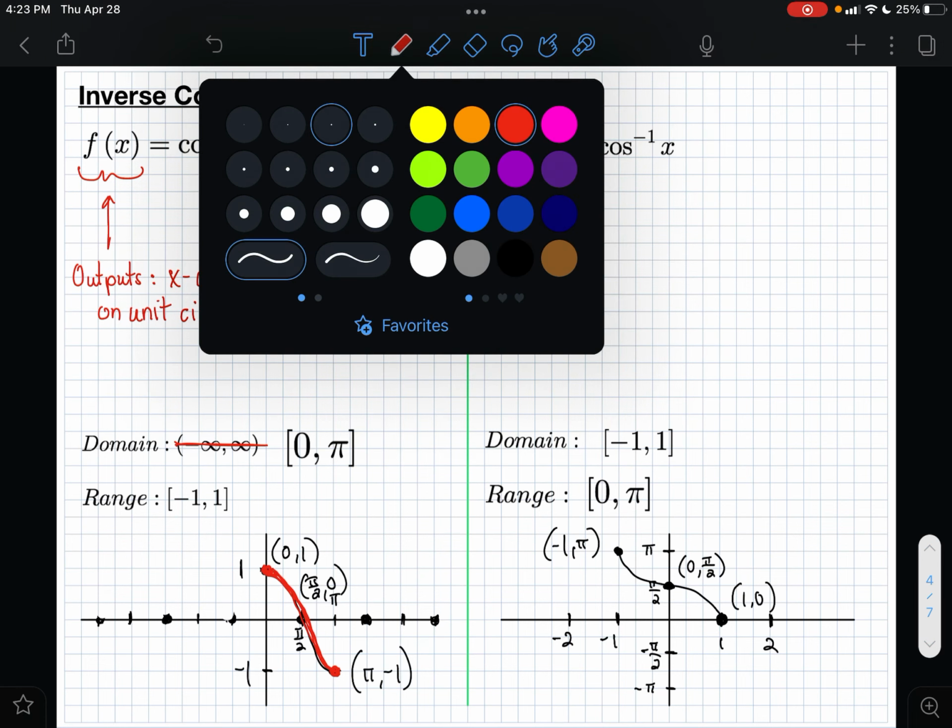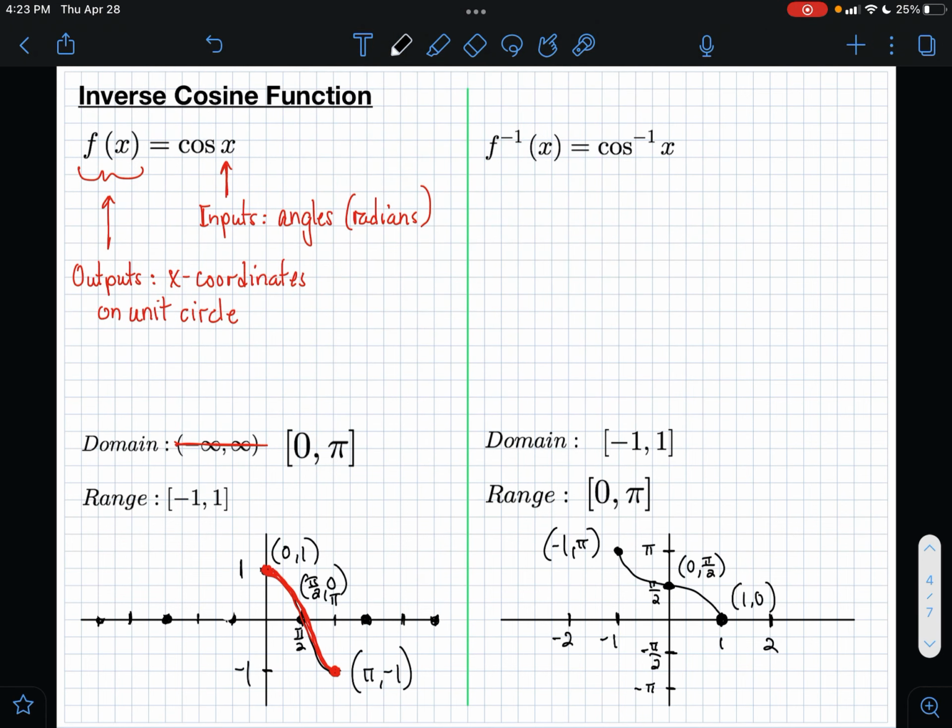With the inverse cosine then, first of all, we have the alternative notation arc cosine x, which again is, I think, preferable.